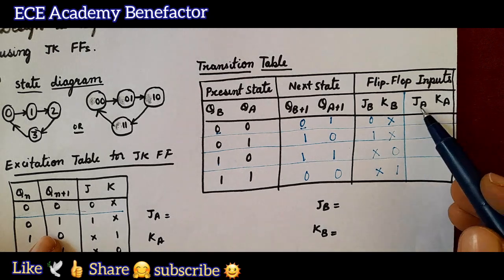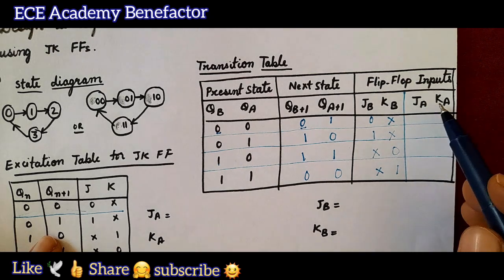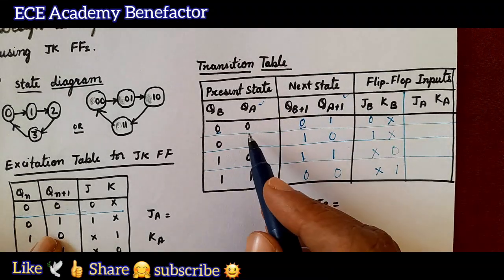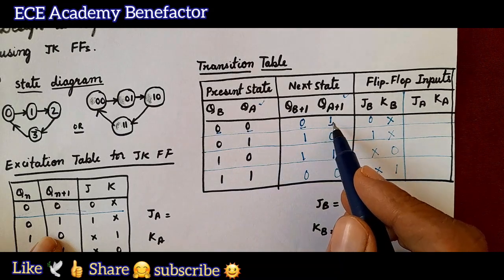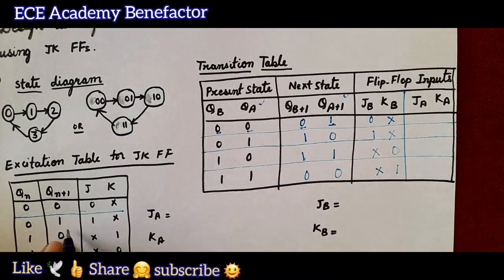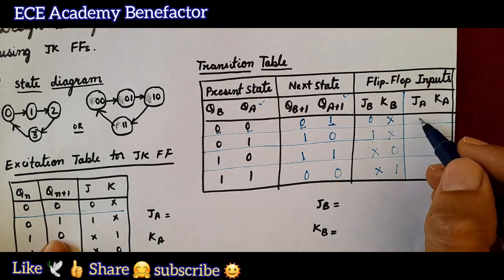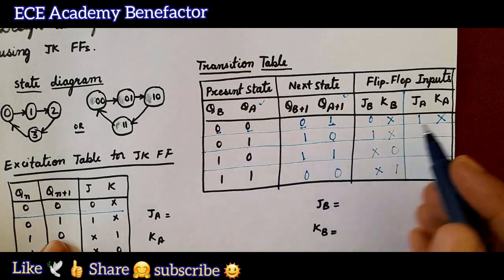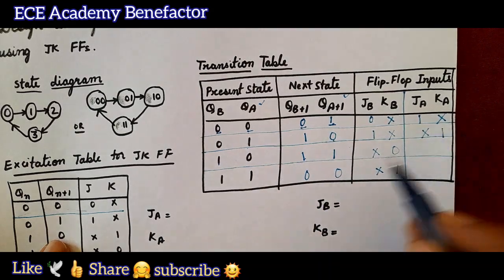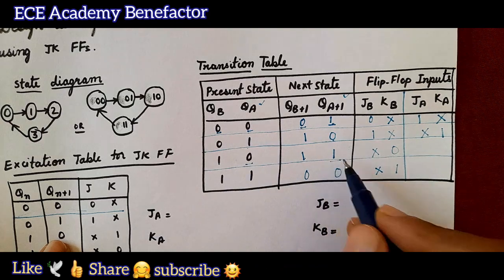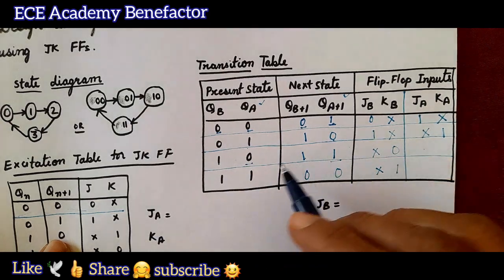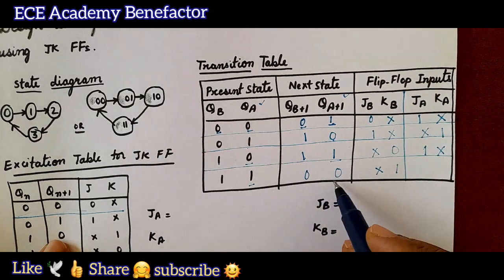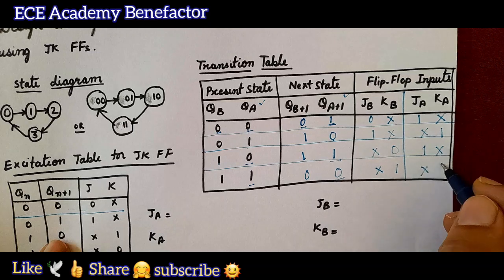Now let us fill JA, KA. To fill this JA, KA, we need to compare QA with QA plus 1. So 0 to 1 will be 1x. 1 to 0 will be x1. 0 to 1 will be 1x. 1 to 0 will be x1.